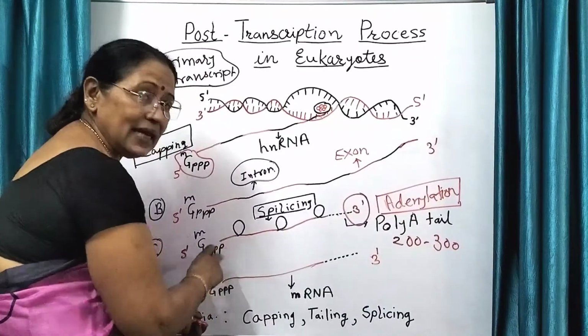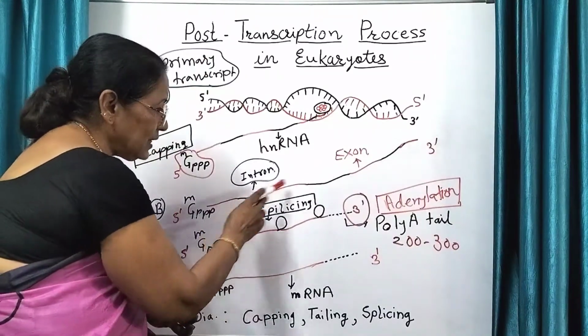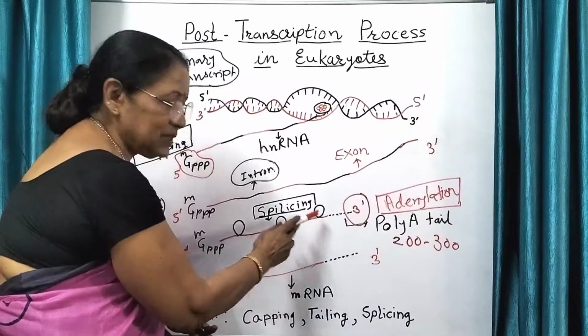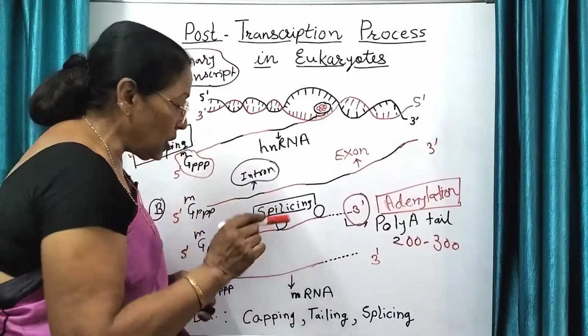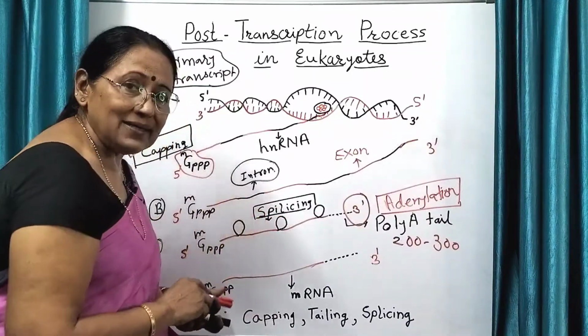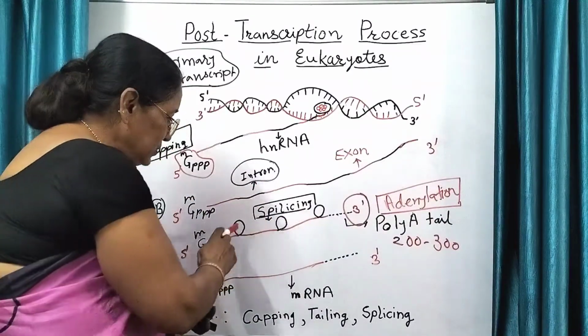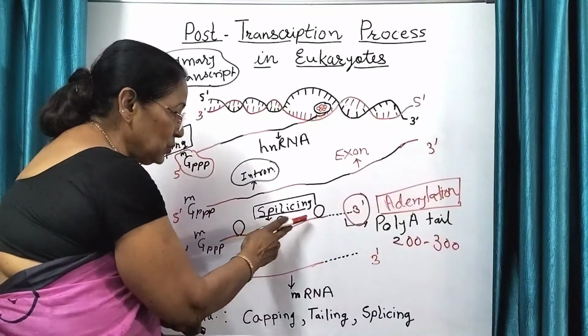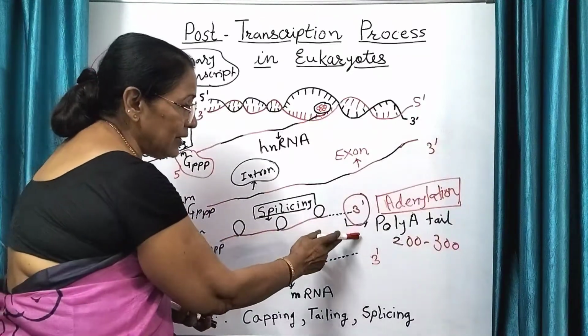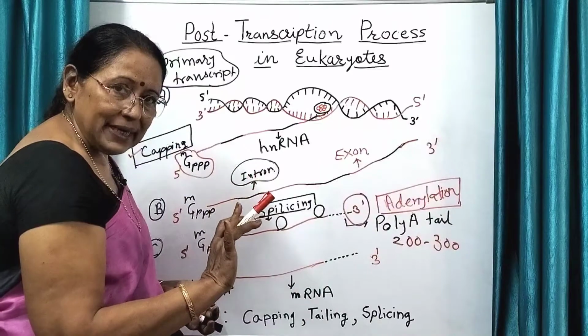In this diagram itself, you can see that these introns have formed loops. This is the starting of the process called splicing, where these introns will be removed. The adenylation process has been completed.